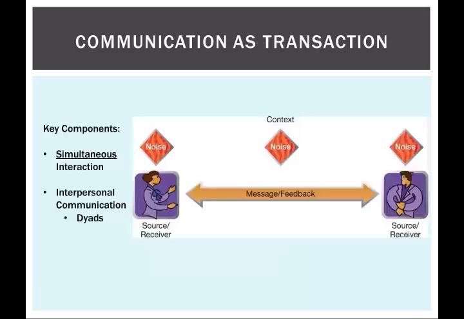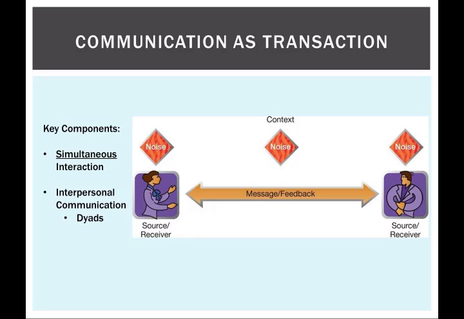The last model is the communication as transaction model. This model is the most complex out of all three. Instead of having a linear relationship between the two, this type of transaction is more simultaneous. So both individuals serve as source and receiver. There's no clear source and there's no clear receiver, so they both have input and are taking output from that particular interaction.